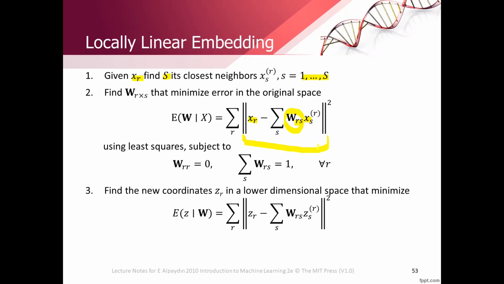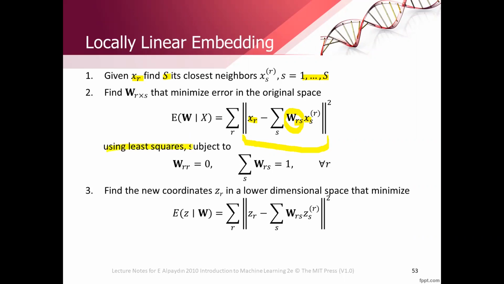Of course, this will be different if some of the observations are much closer and others are farther, then the contribution will be different. But the goal is that by computing a linear combination of the neighbors, I should obtain the value for the observation. So this is in the original space.